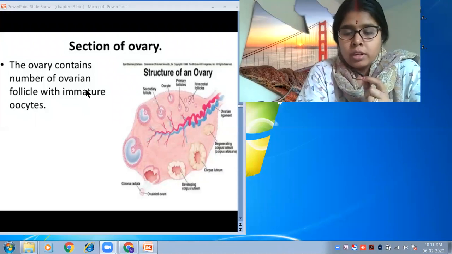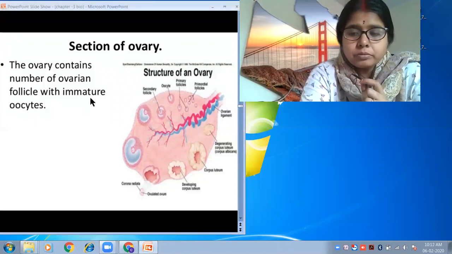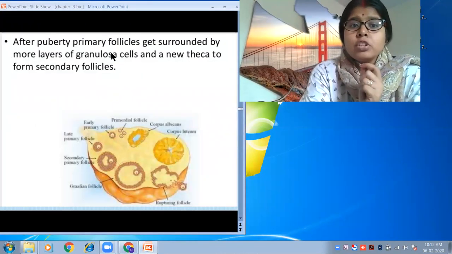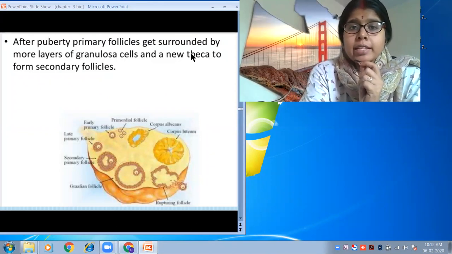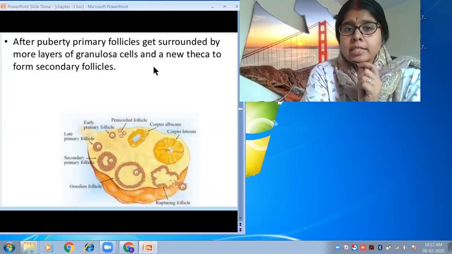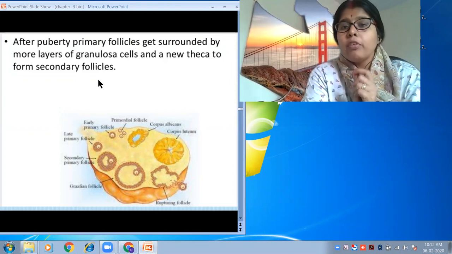Then at puberty, the primary follicle gets surrounded by more layers of granulosa cells and the new theca to form the follicle cells.